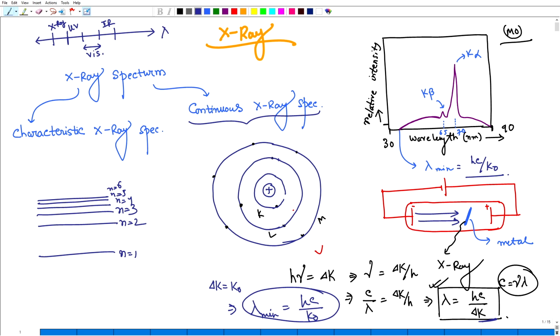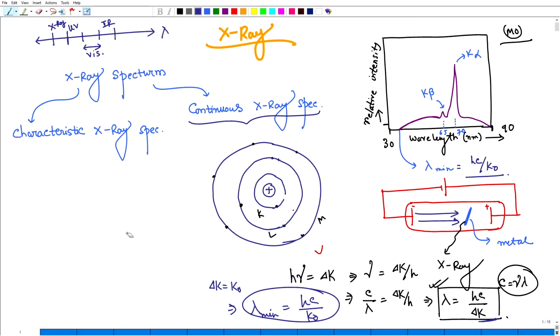That's why the transition energy which corresponds to the photon of the X-ray is the reason for this characteristic X-ray spectrum. Not each and every transition, there may be other transitions giving photons of UV or of the visible region, but we are interested in the X-ray photon.